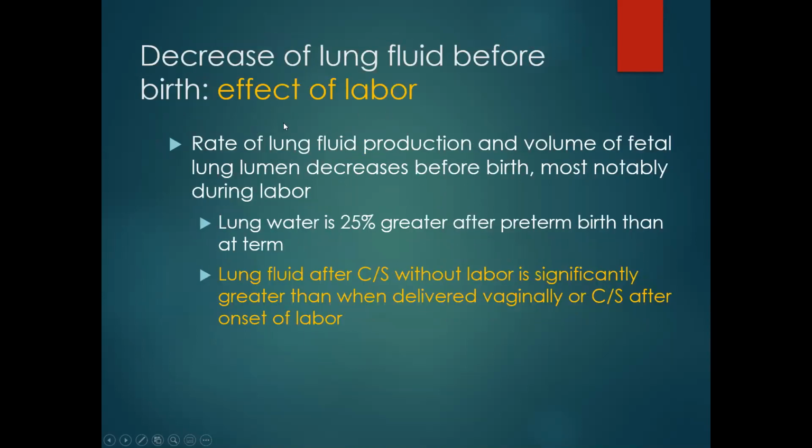Before birth, the effect of labor becomes operative, okay? Meaning, as labor begins, liquid clearance begins as well, okay? So the rate of lung fluid production and volume of fetal lung lumen decreases before birth, most notably during labor, and the water in the lung is a lot greater in preterm compared to full term because, as I've said, the aquaporins are not as mature or not as developed as in a full-term baby.